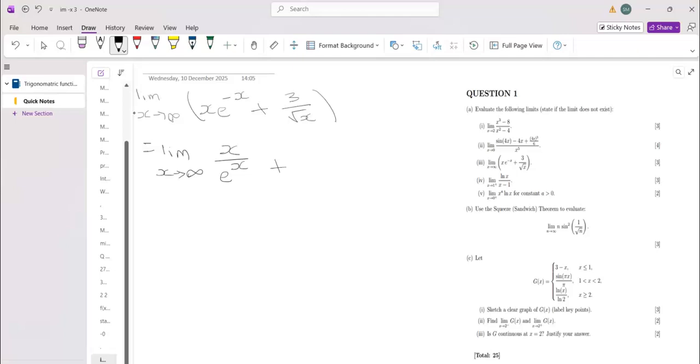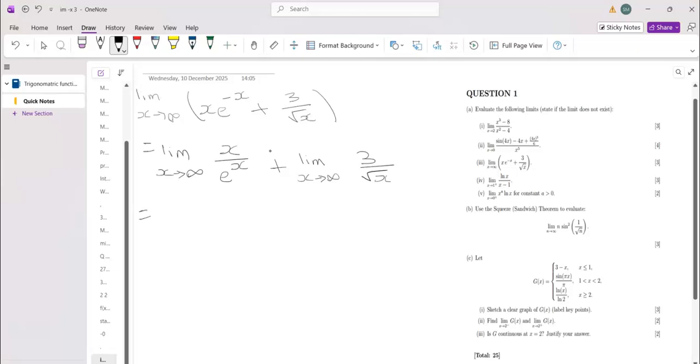Then we can say this is the limit as x approaches infinity of x divided by e to the power of x, plus 3 divided by x to the power of 1 over 2, right?